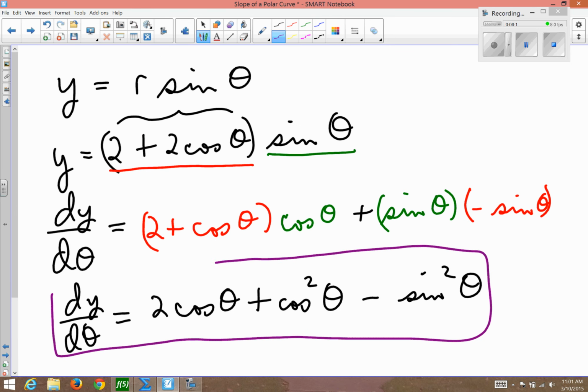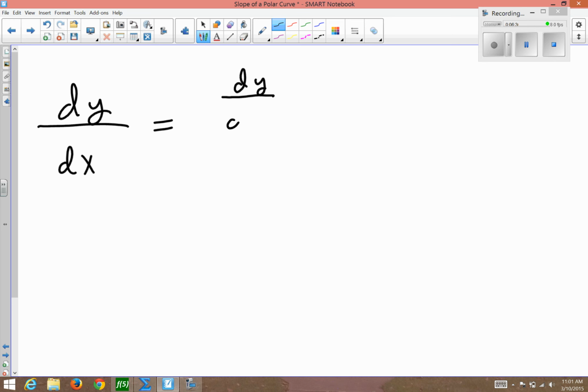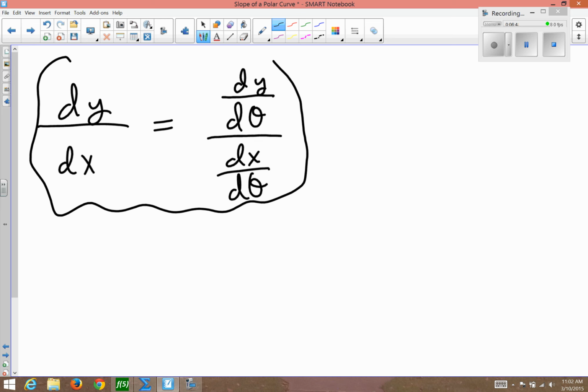The derivative of y with respect to x will be the derivative of y with respect to theta over the derivative of x with respect to theta. This should look familiar because we did this when we did the parametric functions. Makes sense algebraically to divide these fractions over here on the right side. The thetas will cancel. It should be clear that this equals dy dx.